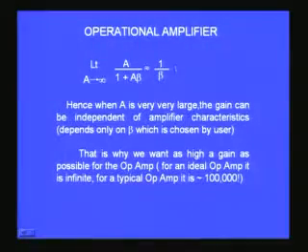So that is the reason we must have very high gain, A tending to infinity. The larger the value of A, the better with reference to 1 by beta, and therefore an ideal operational amplifier should have infinite gain. An actual amplifier, for example 741, has an open loop gain of 100,000.